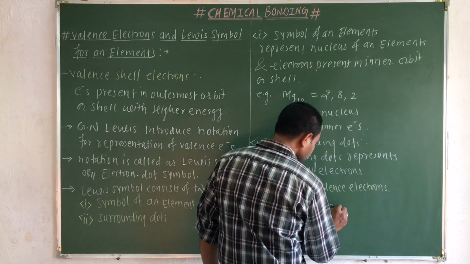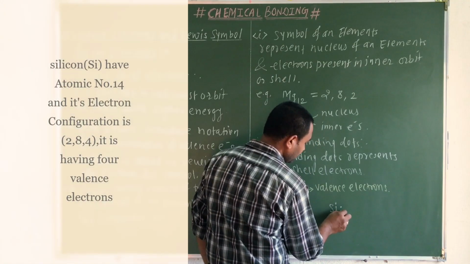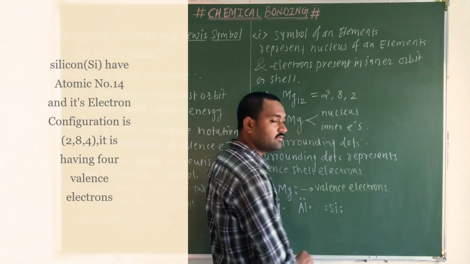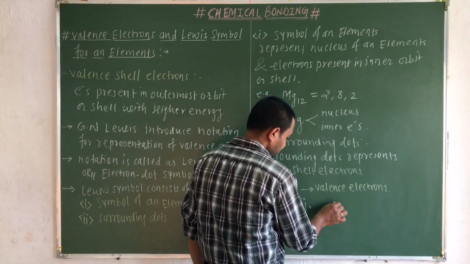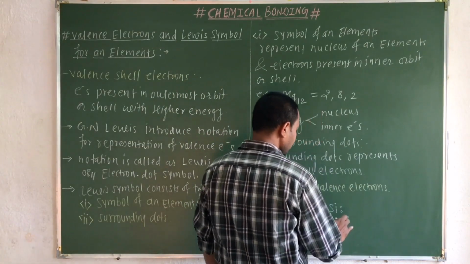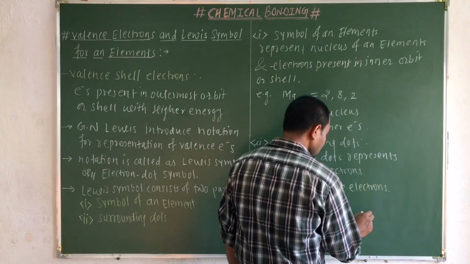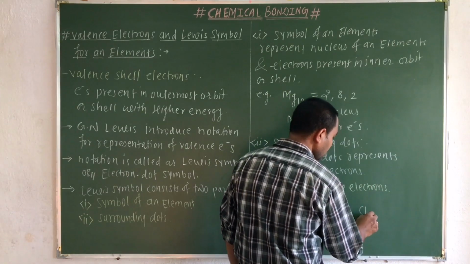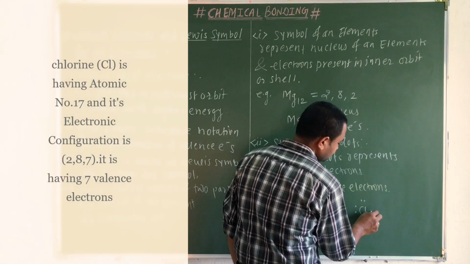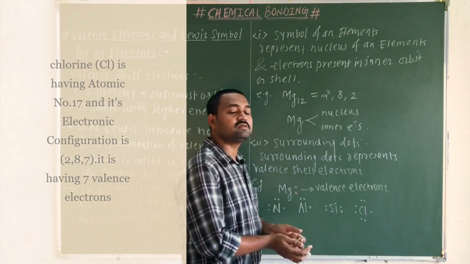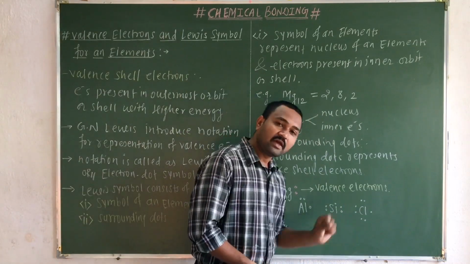Next, considering silicon, it will have 4 electrons in its valence shell, so I have written the 4 electrons here. Now next consider chlorine. Here it will have 7 valence electrons, and this is the Lewis symbol for the element.